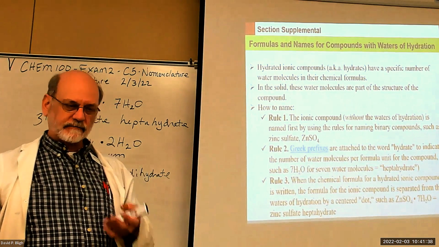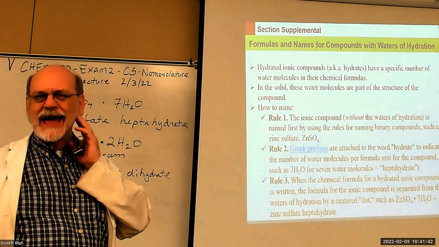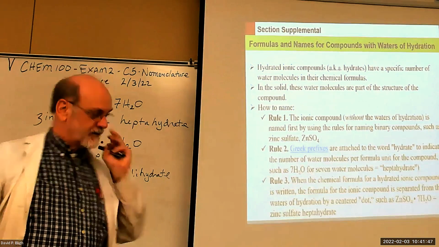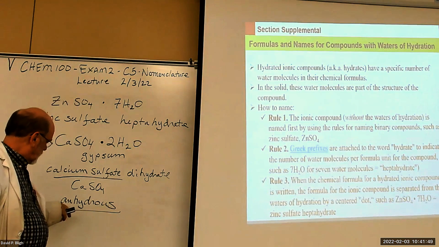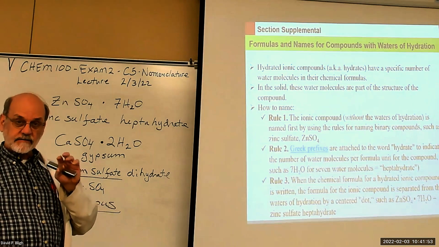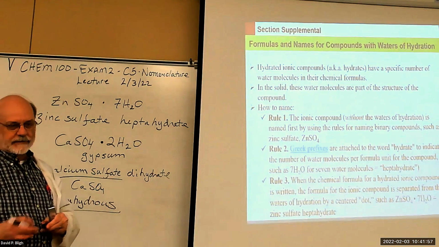An is the prefix for not. When we're talking about atoms, atome means not cut. Well, in this case, we use an. An as a prefix means not. So there's not water, anhydrous.